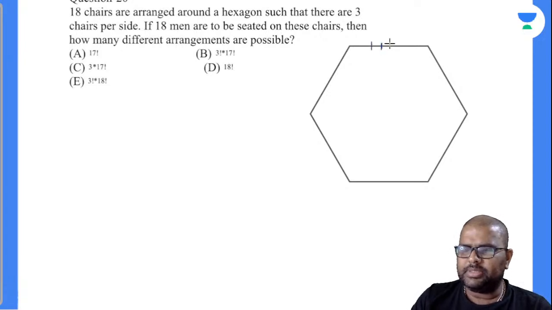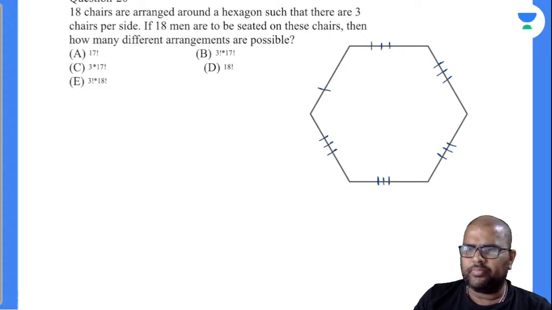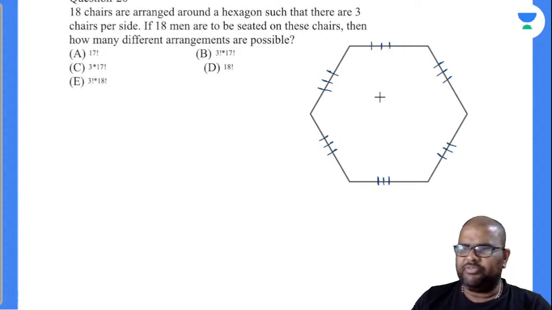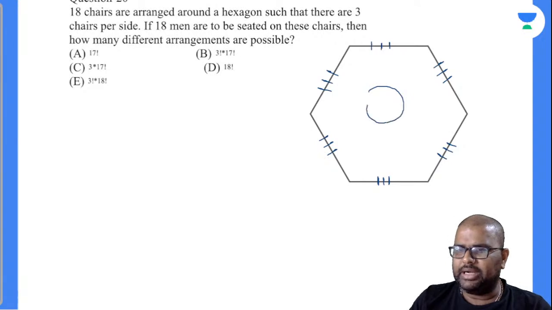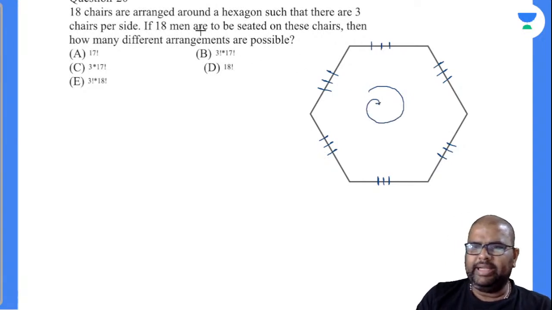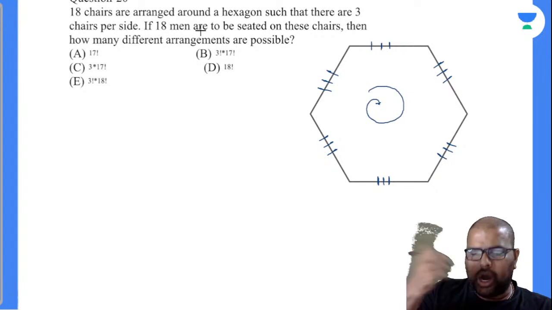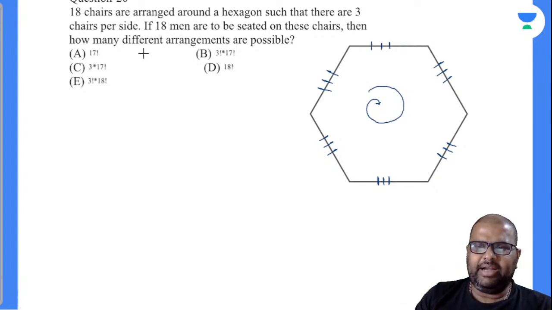So 3 chairs per side. 1, 2, 3, 1, 2, 3. So of course the chairs are arranged around the hexagon, so I can consider this as a circular table arrangement only. If 18 men are to be seated on these chairs, then how many different arrangements are possible?